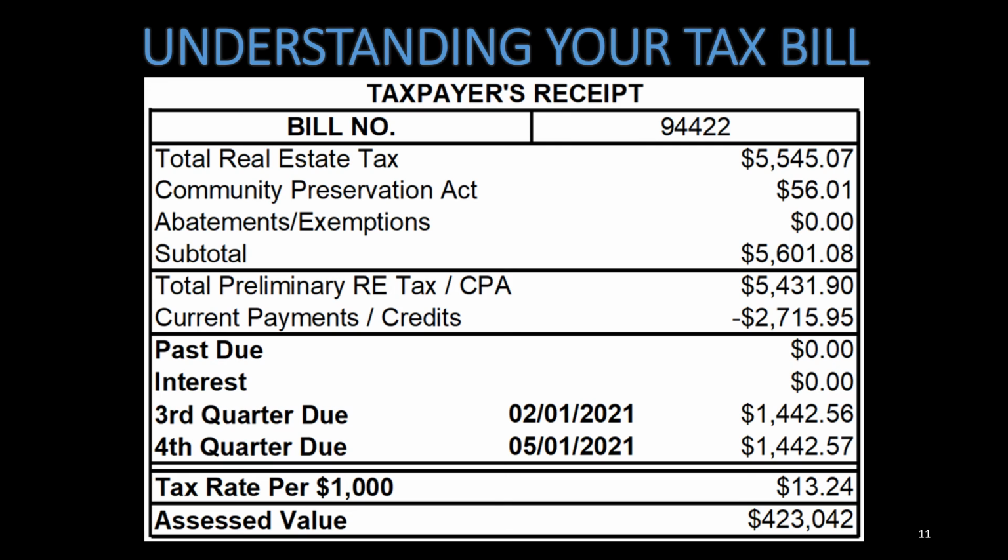Below those values, the final last two lines show you what your assessed value for the fiscal year is and what the tax rate per thousand for the current fiscal year is. In this example, it was the $13.24 per thousand, and the assessed value of $423,042.